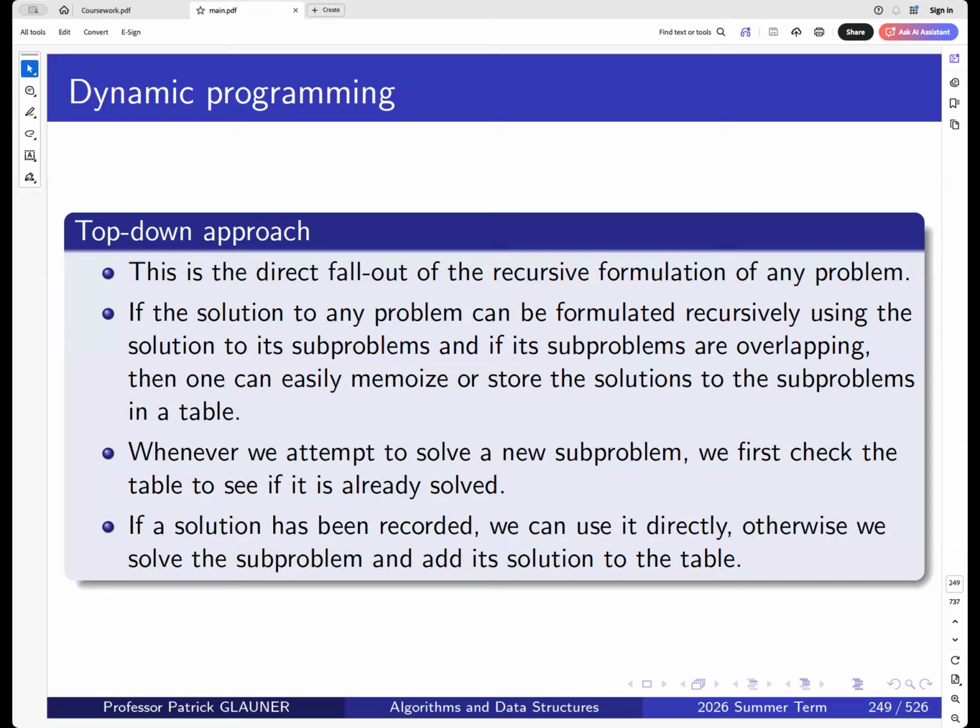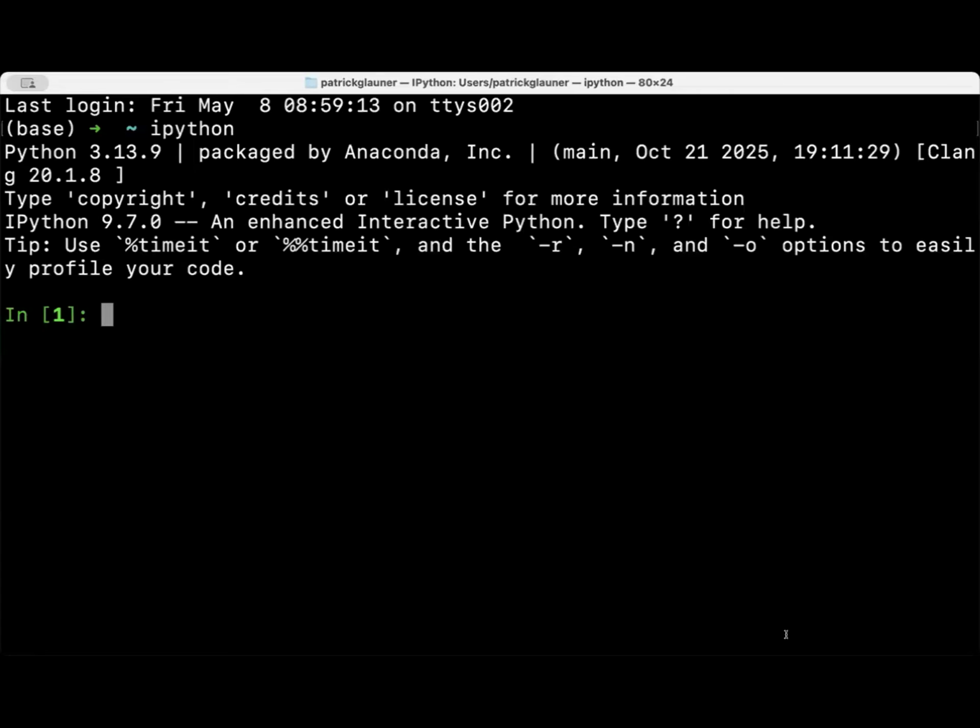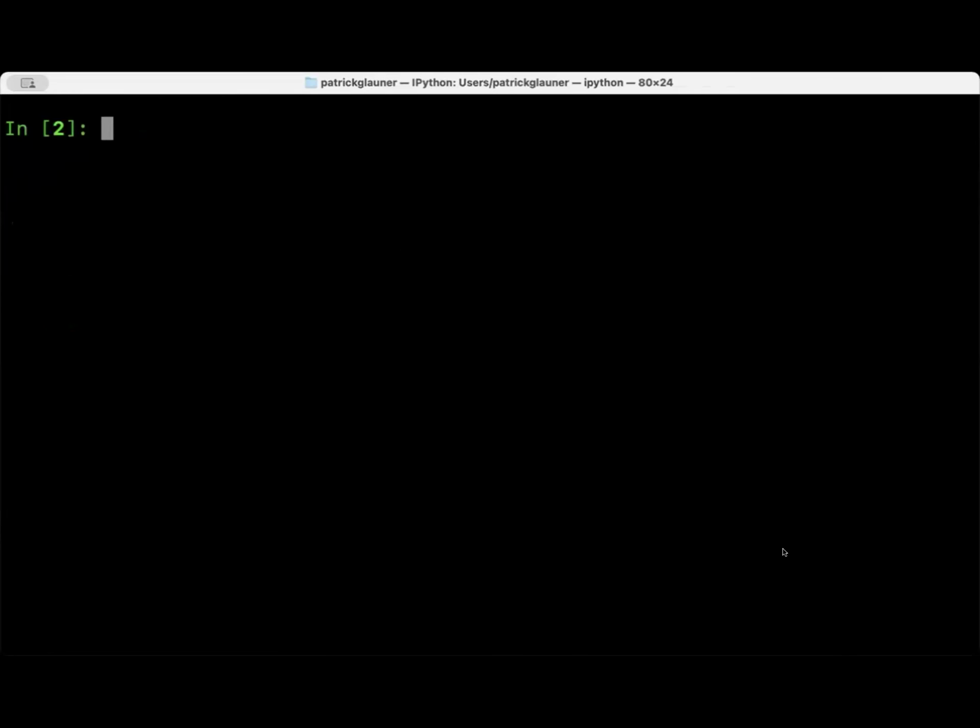And I will share my interactive coding session with you. You remember, I guess you can all see my IPython session. And you remember what we did before was we implemented the Fibonacci numbers.